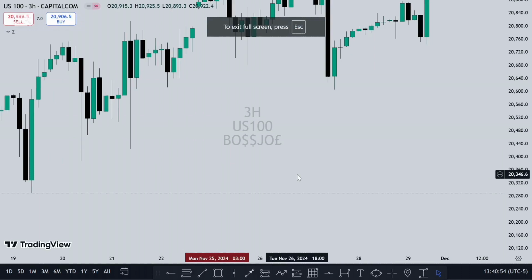Today we are going to explain the simple differences between liquidity void and fair value gap. The main difference is that liquidity void is a sharp movement in price with little trading in between it.